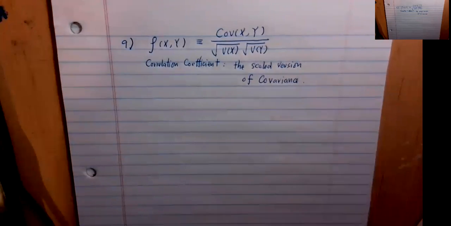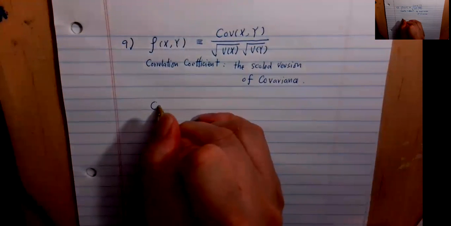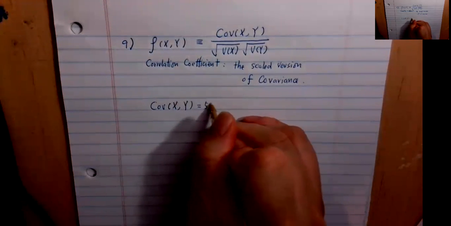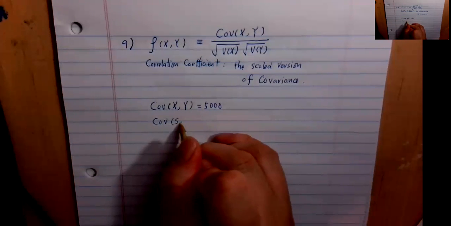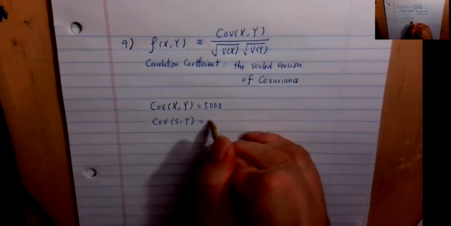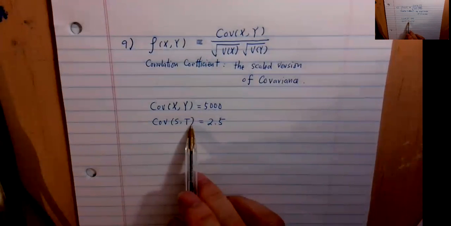Why do we want to scale it? Sometimes you find covariance of x and y is 5,000, and another covariance may be 2.5.